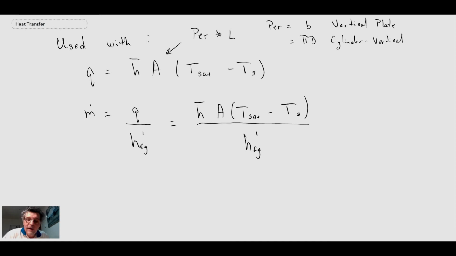So that is coverage for the vertical plate and the vertical cylinder. In the next segment, we're going to be looking at horizontal objects, mainly cylinders, and then tube bundles, which would be quite common if you have shell side condensation in a condensation unit. That'll be what we'll be looking at in the next lecture.